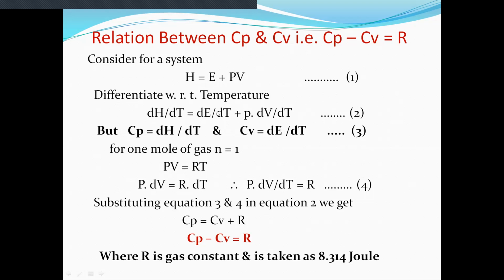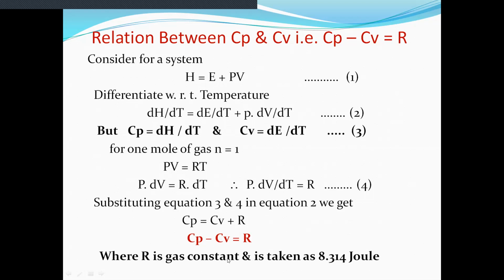Now equation 2 becomes, substituting equations 3 and 4 in equation 2, we get: what is equation 2? dH upon dt. What is the value of this dH upon dt? It is Cp. Put Cp is equal to dE upon dt, whose value is Cv. Put the value Cv plus P into dV upon dt.